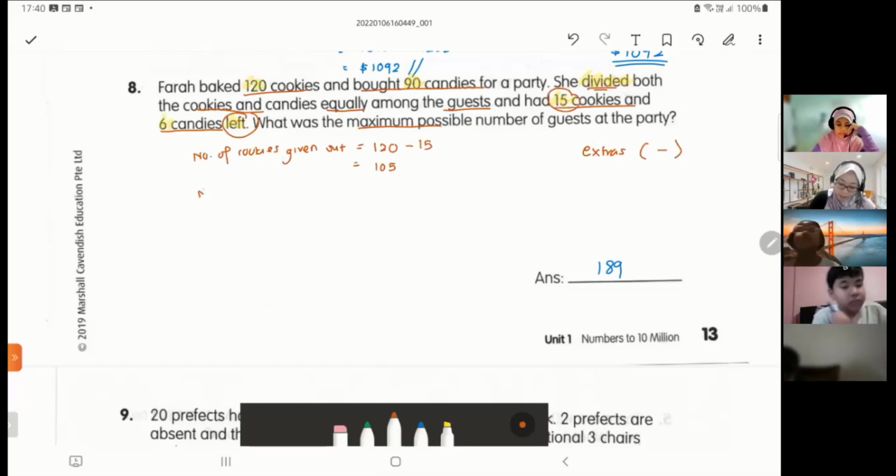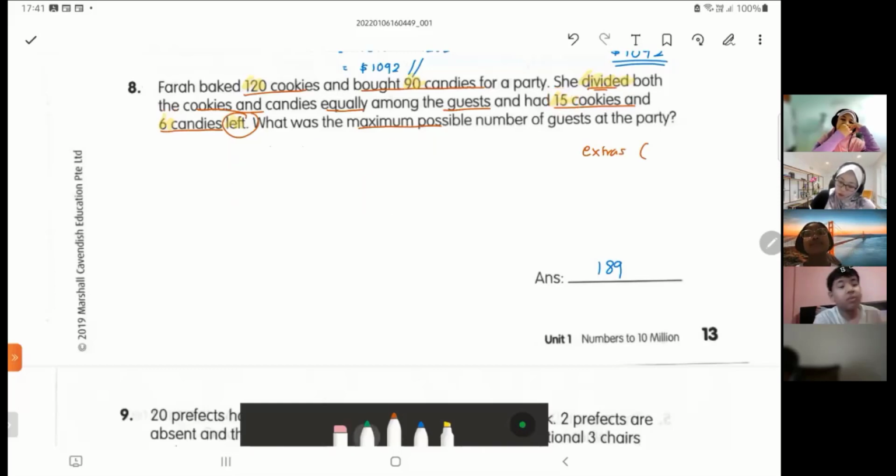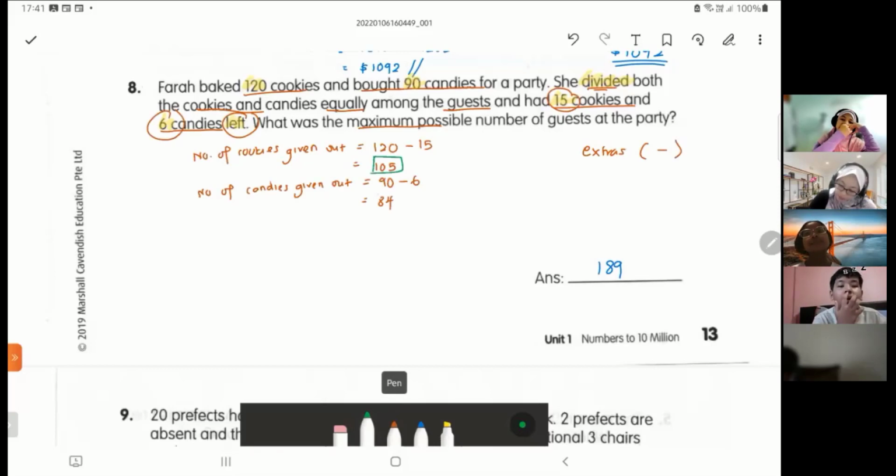Now, the number of candies given out will be 90 minus the leftover candy 6, and that will be 84. Now with these two, I will find the factors of 105 and 84.